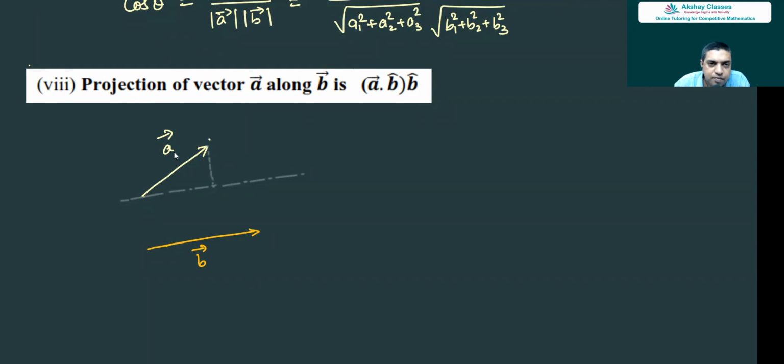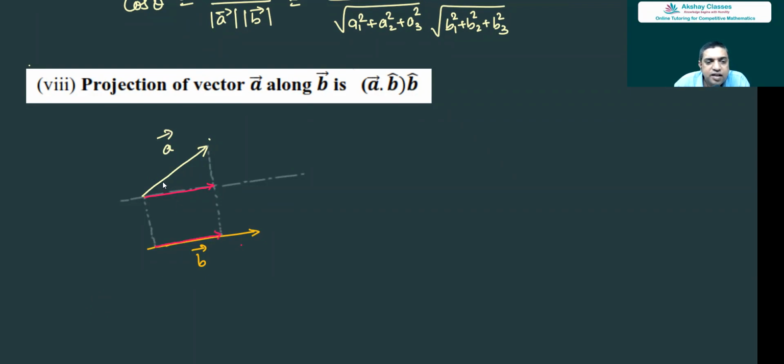So this is the projection. The same projection, of course, you can extend along B bar like this. So the same vector you can shift this way. This will be projection of A bar along B bar.